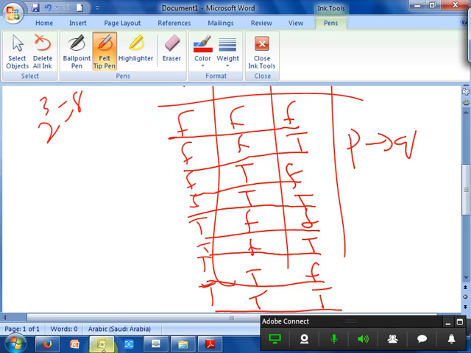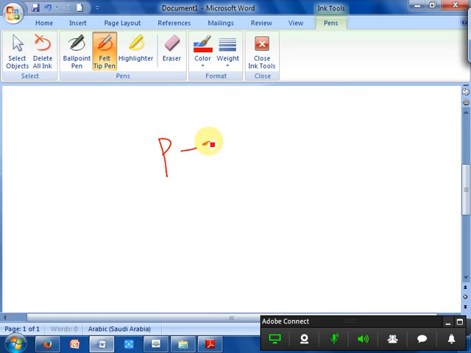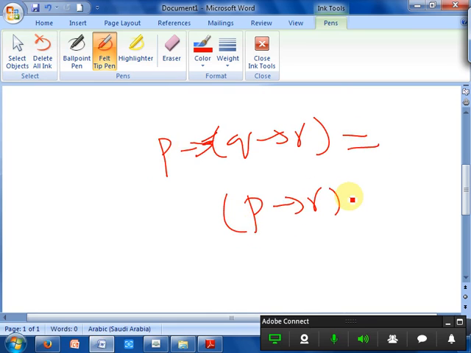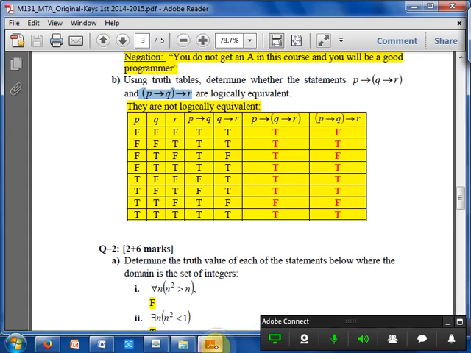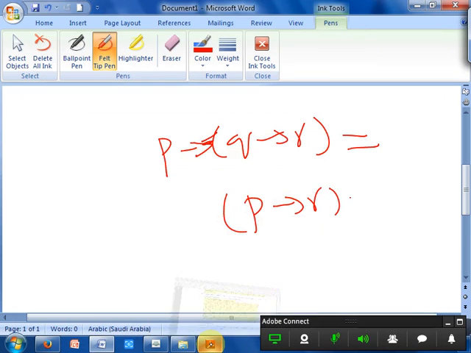You have to check whether they are equal or not. P then Q then R is equal to P then R? These are two different statements, and you have to check whether both are equal or not.